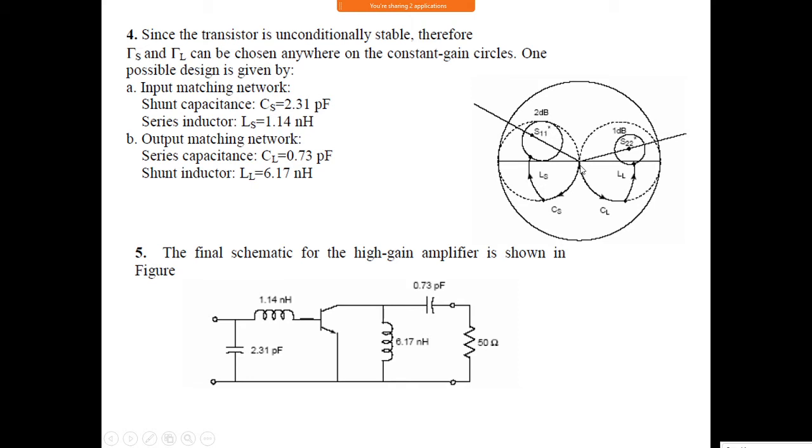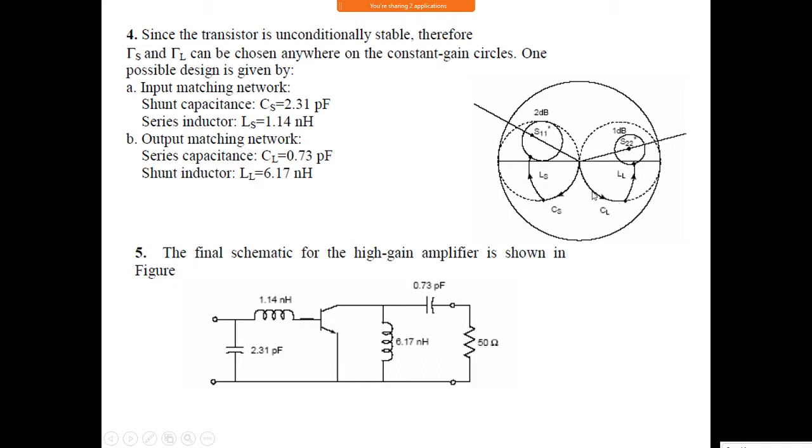On the constant resistance circle you move like this until you reach the resistance circle passing through this point. Started from here, you stop here. And you note the value added here.